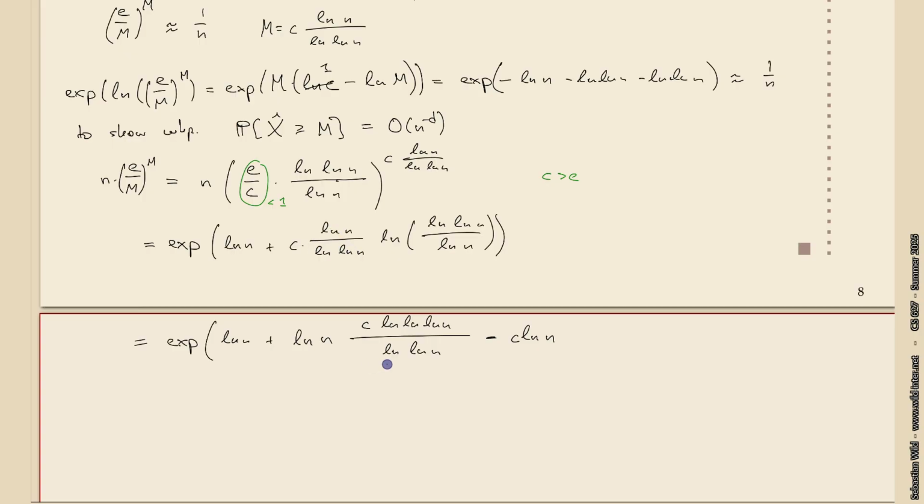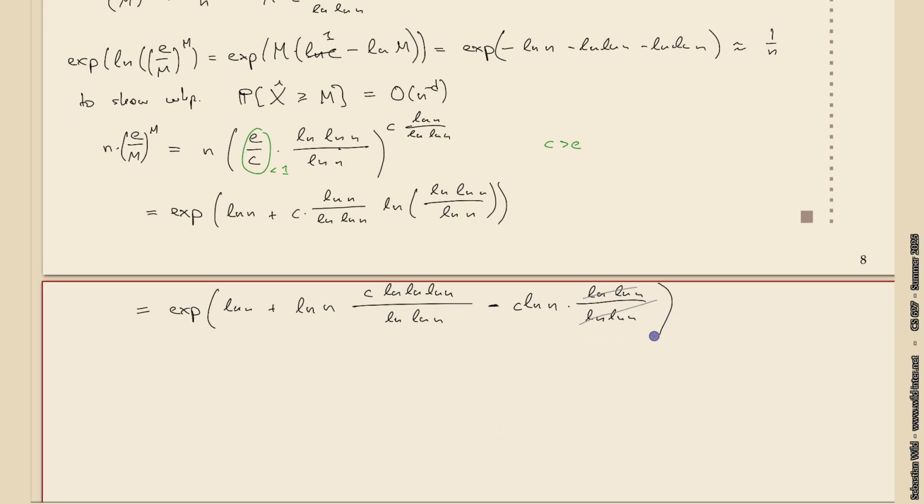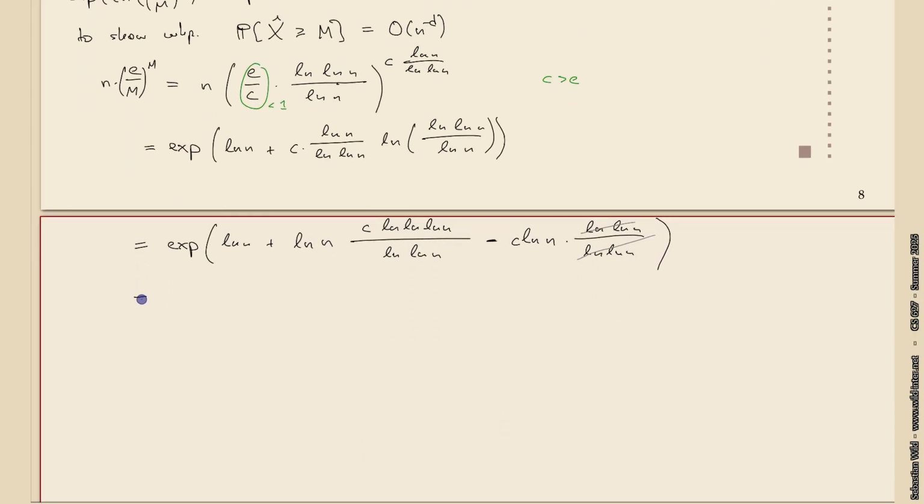And now I'm pulling this behind here. Then we have the log n from the denominator here, and we have the old denominator, log n. At least these cancel. That was that.